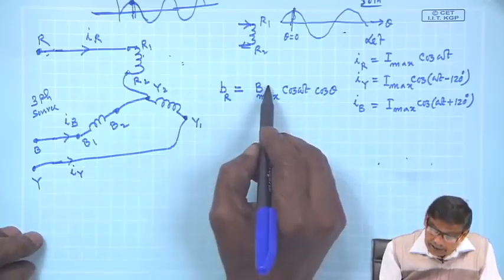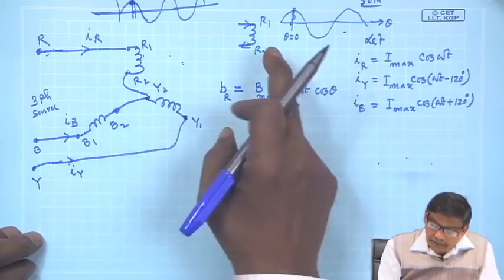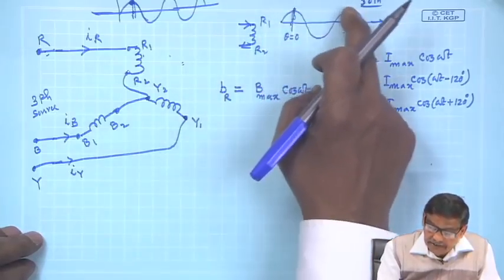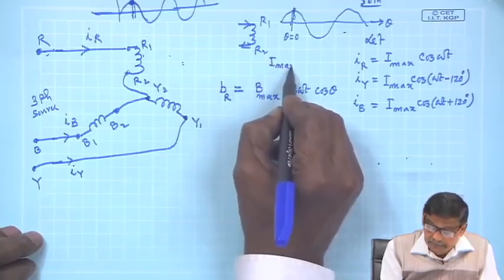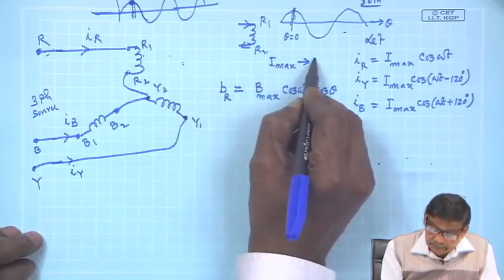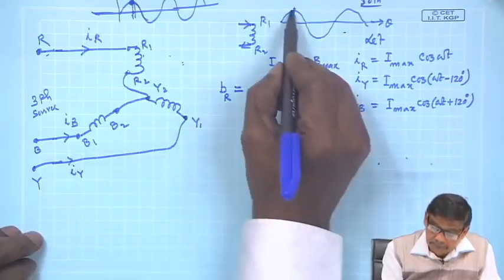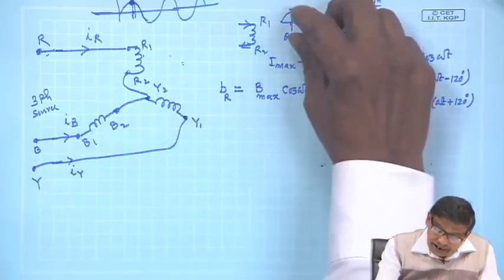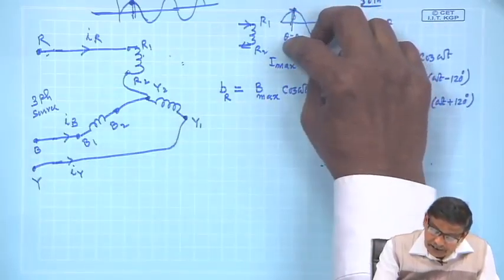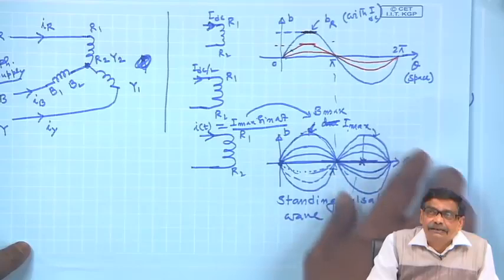Now, what is B max? B max is the maximum value of the flux density distribution due to I max. Because after all, I know that with time this thing collapses, becomes negative, as I have told here. So, this B max is because of this I max.